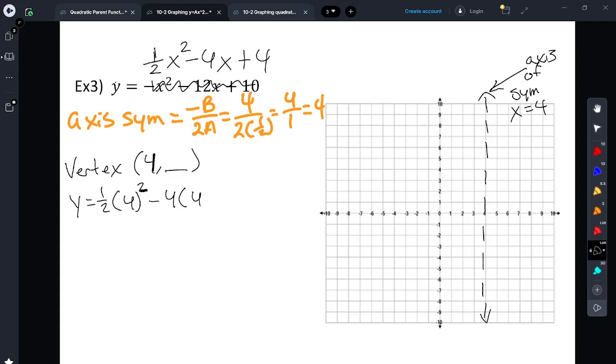Half of 4 squared minus 4 times 4 plus 4, let's see. 4 squared is 16, half of 16 is 8, minus 16 plus 4 is negative 4, right? So it's at 4, negative 4. All right, 4, negative 4. That's a vertex. Label it.